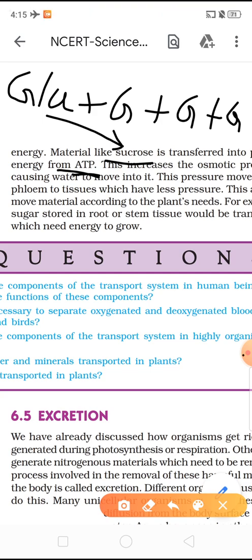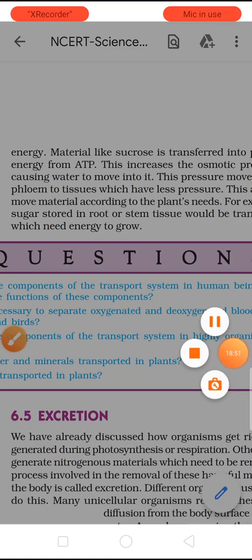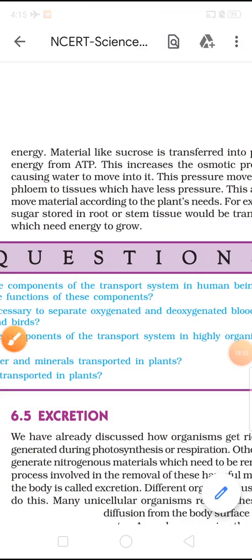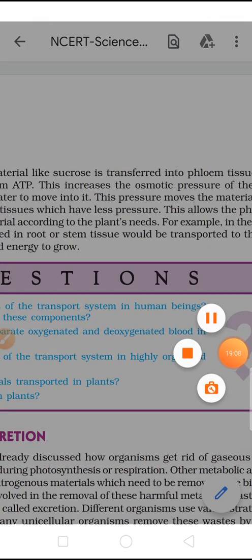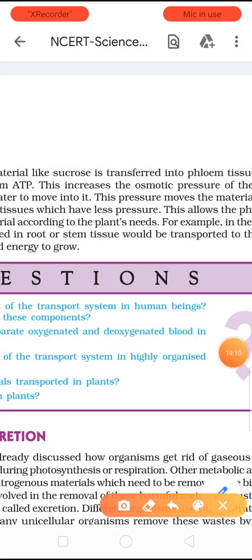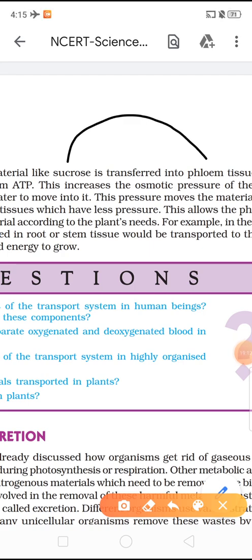Now what we have to do is transfer this. First of all, it is being stored in leaves, so from the leaves it has to be transferred. Where will we transfer it? We will transfer it into phloem tissue.